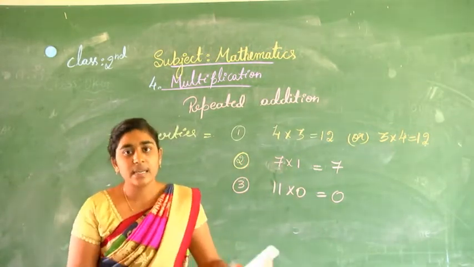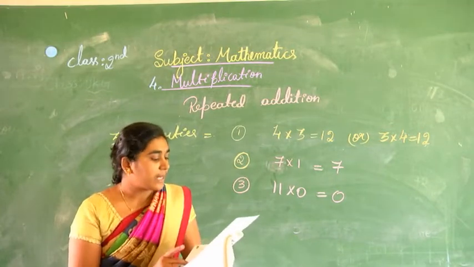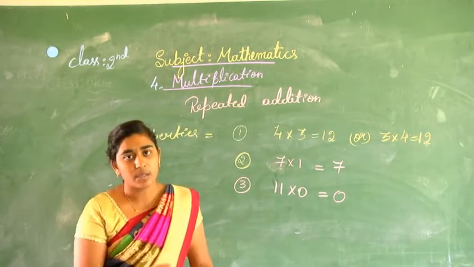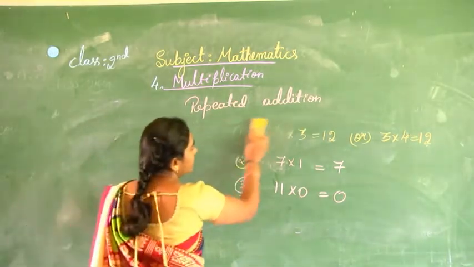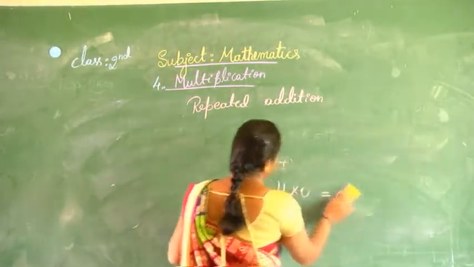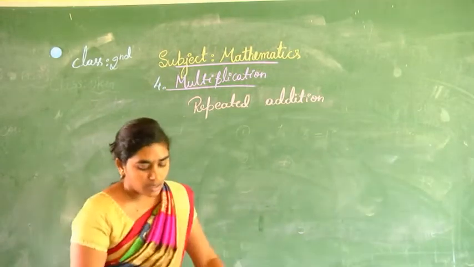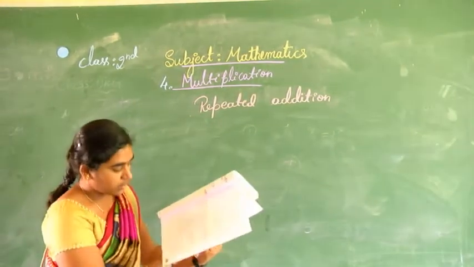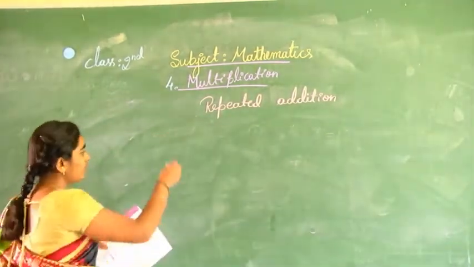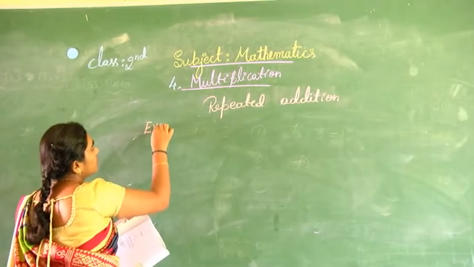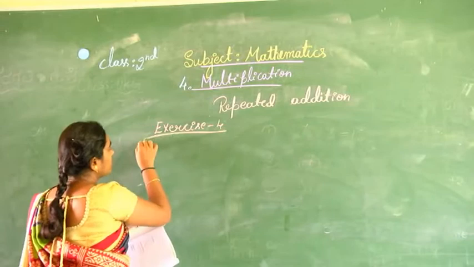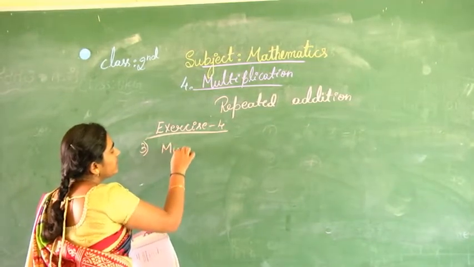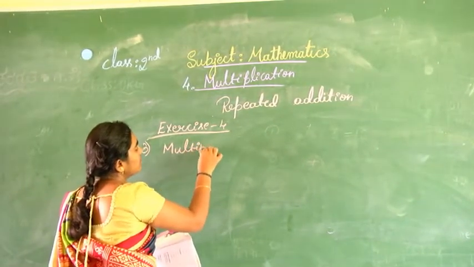And the next exercise we have is multiplication with the numbers. That is regular multiplication. Third one of exercise 4. What is the third one? Third one is direct multiplication.